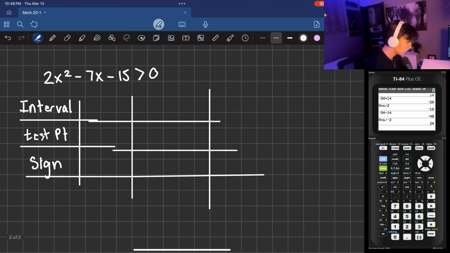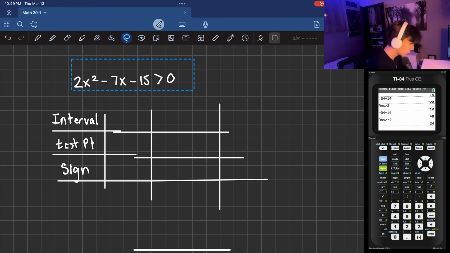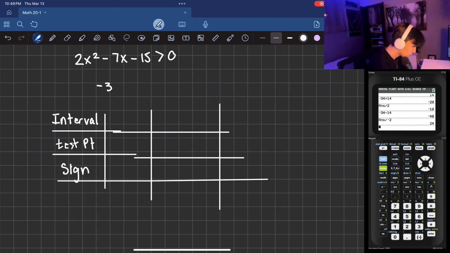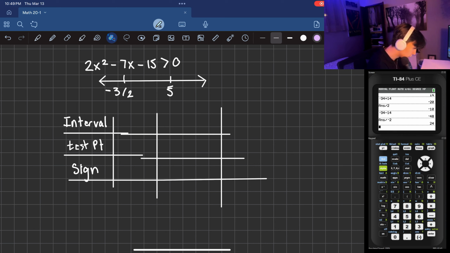So we got our roots from earlier, if you remember, as -3/2 and 5. So let's just draw out our number line again. So you have -3/2 and 5. With this, we're writing out the intervals of our number line. The first interval is any number where x is less than -3/2.